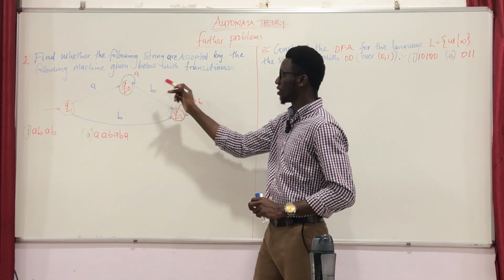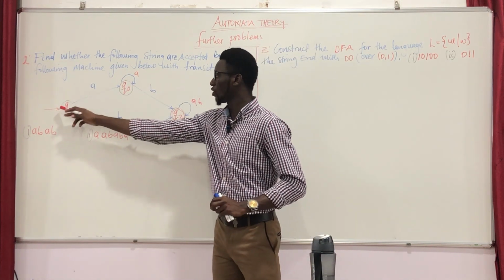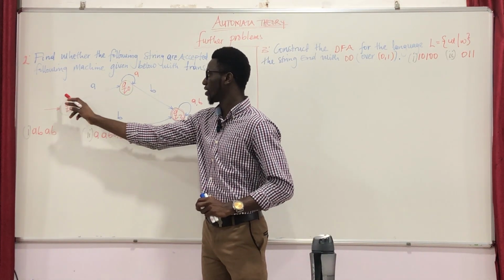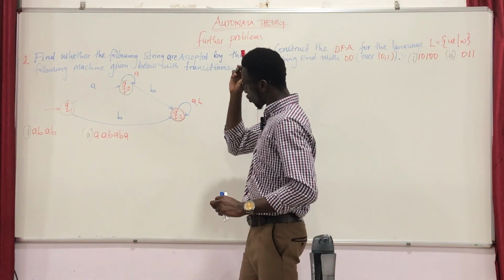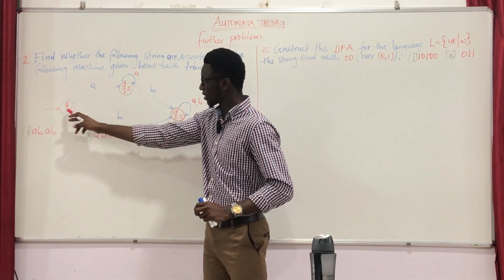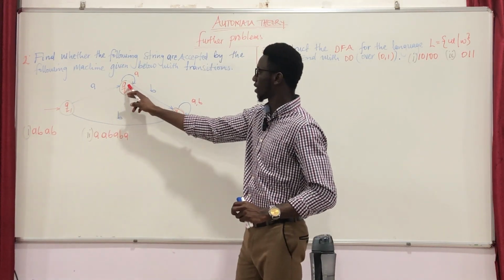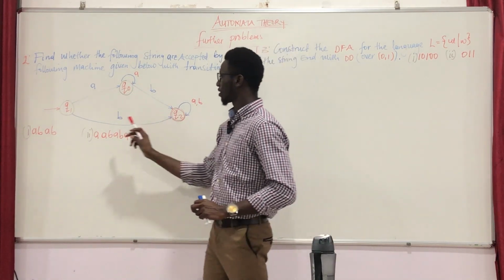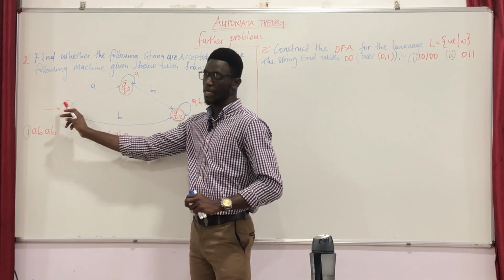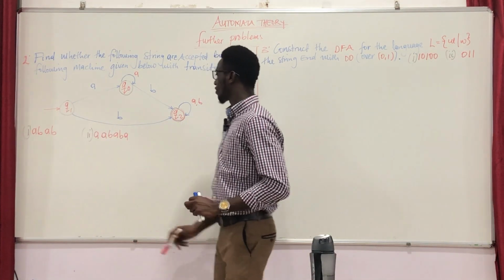Our transition is B. Q1 is our initial state. You can also change this one: you can say Q0 starts from here, then Q1, Q2. But for us here, we say Q1 is our initial point.